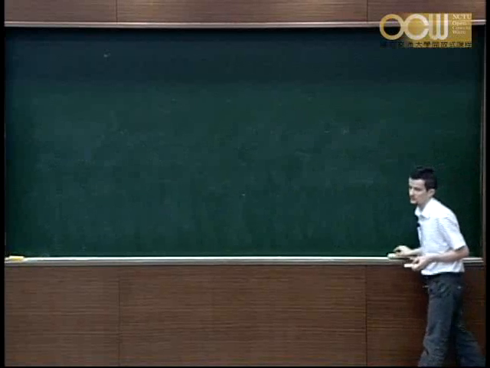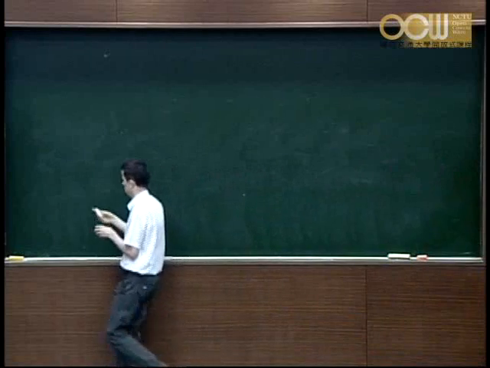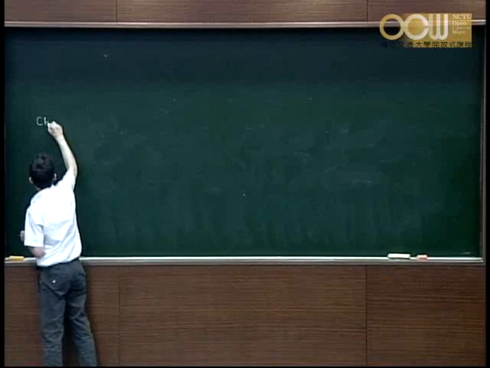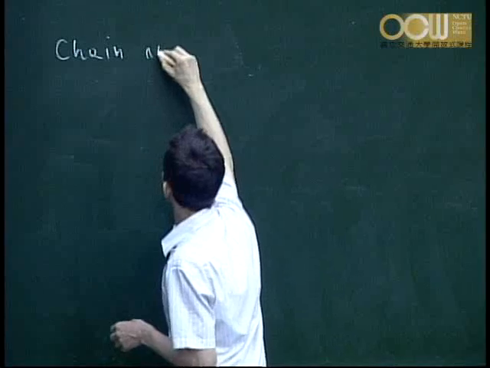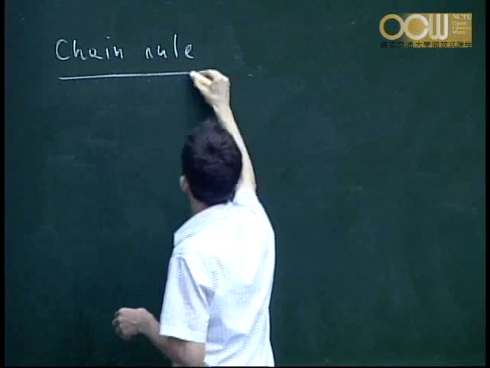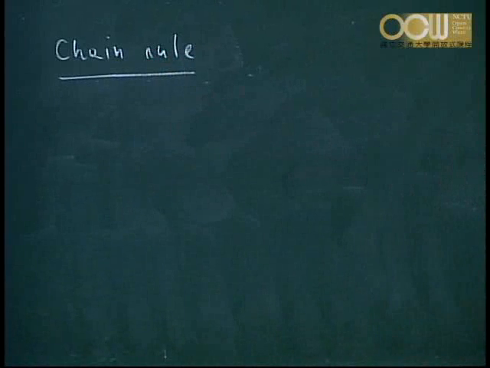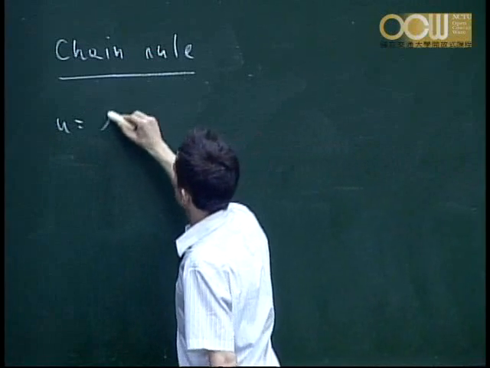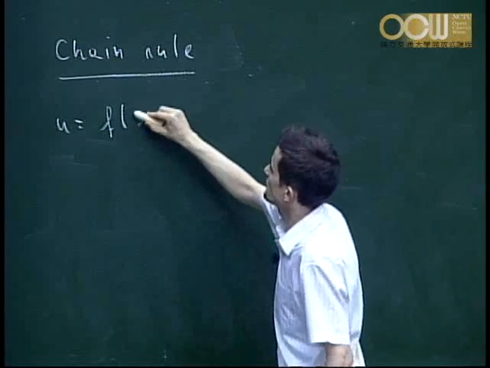Of course, you also have a general chain rule, which includes all the previous cases. Actually, I could have stated the general chain rule right from the beginning, but it would have been a little bit more confusing because it contains many more variables.